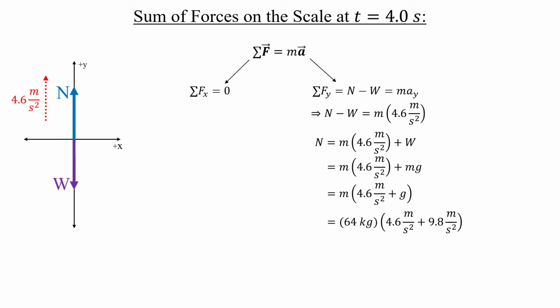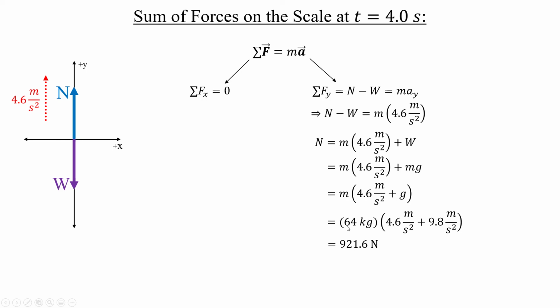And I end up with the following number on my calculator here. Pay close attention to the significant figures of the values that we were given. We ended up getting 4.6 meters per second squared by working from the significant figures in the velocity equation, and those all had 2 of them.